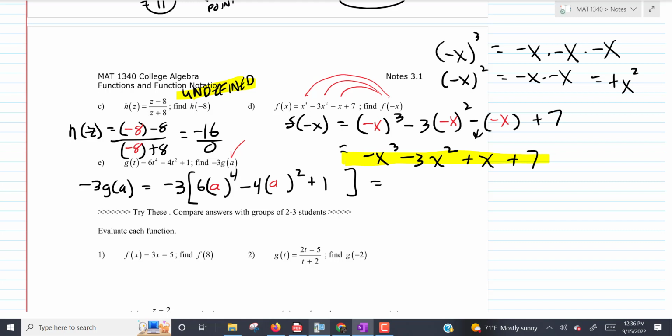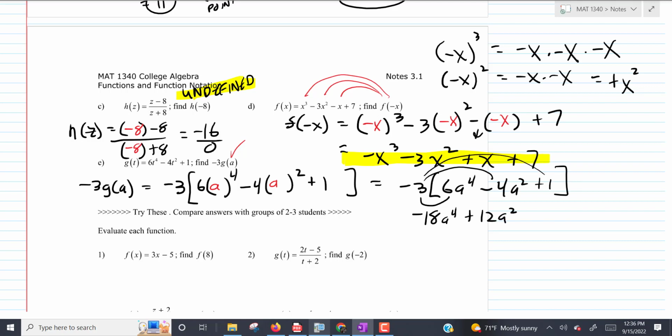So what you're going to get is negative 3 times 6a to the fourth minus 4a to the second plus 1. And then what you want to do is just do a distributive property through that. Now, distributing, that would be negative 18a to the fourth plus 12a to the second.